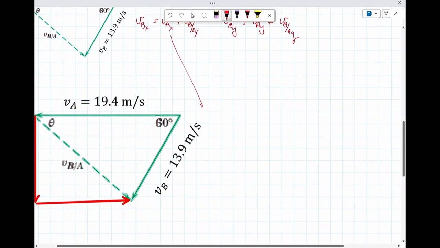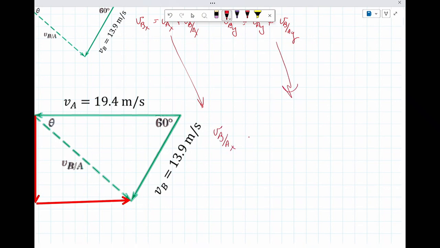All right, so if I take both of these equations down here, velocity of B with respect to Ax is equal to velocity of Bx minus velocity of Ax. So I just want the component parts.